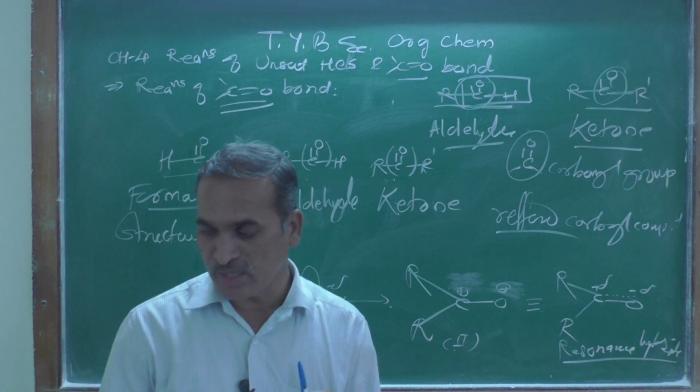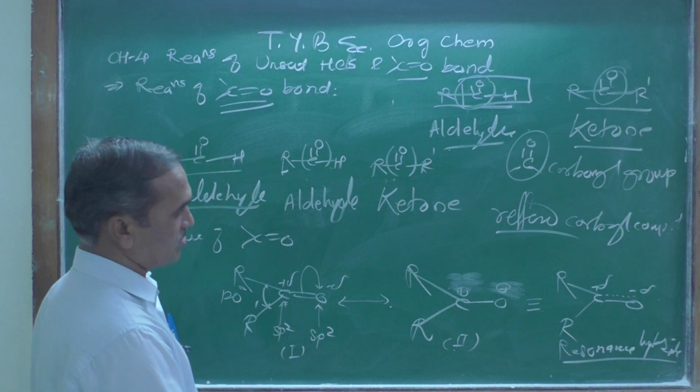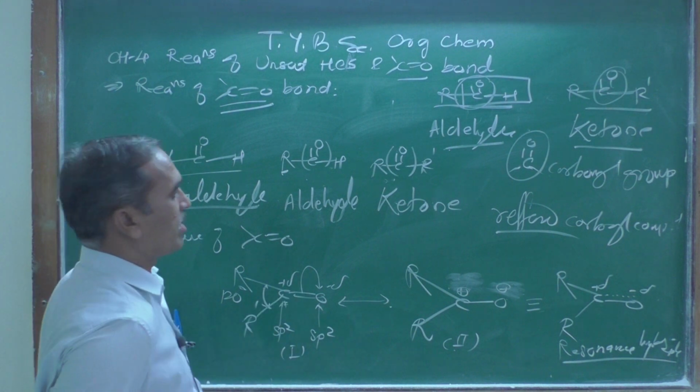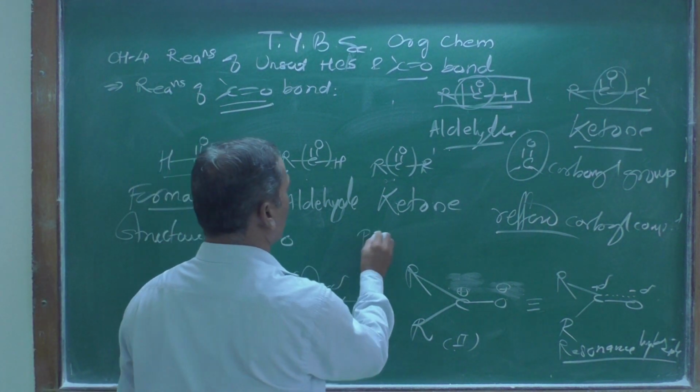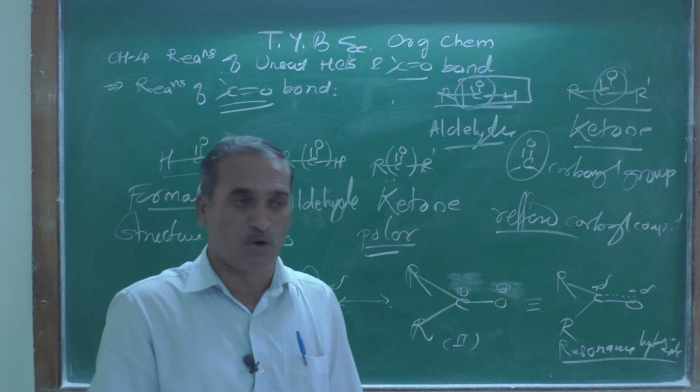And now, when they show this type of geometry, we have just seen their canonical structures, and that's why these compounds are polar compounds. Polar, and therefore they show a dipole moment.